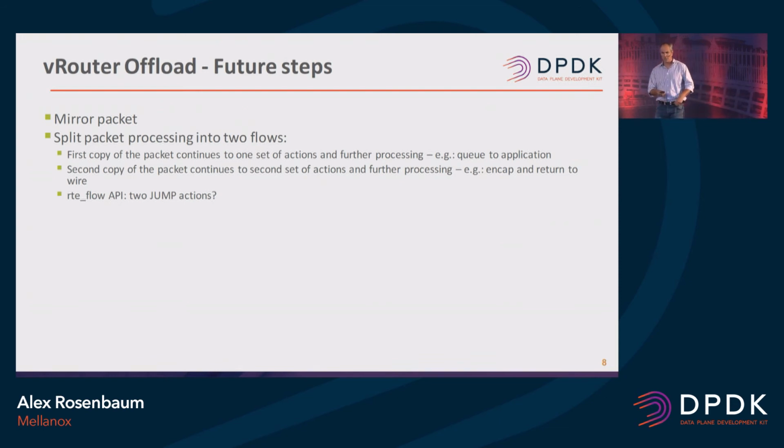So do we add two jump actions? We have to try and figure out what's the right semantics to expose this. But mirroring a packet is a feature used by the vRouter and has to be done pretty soon.